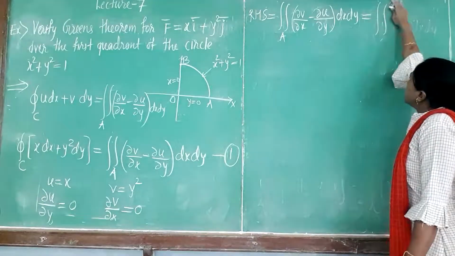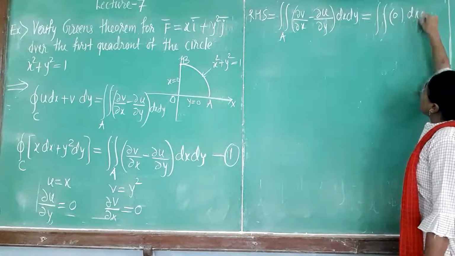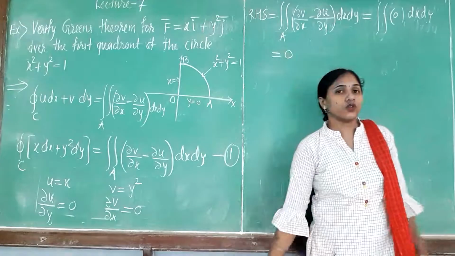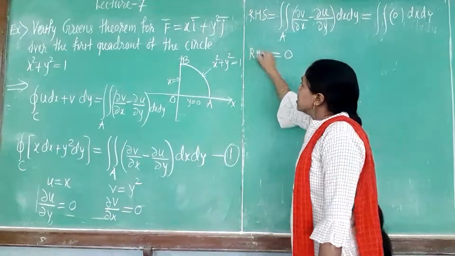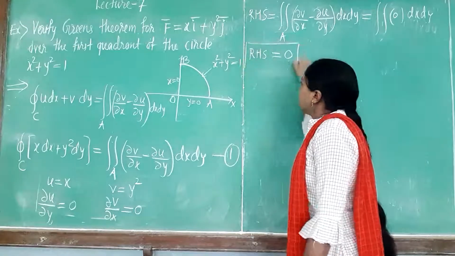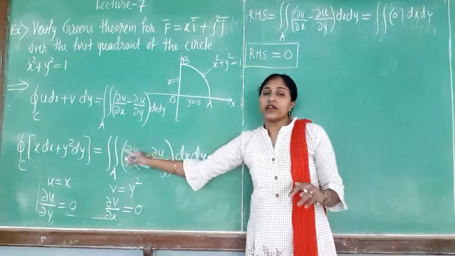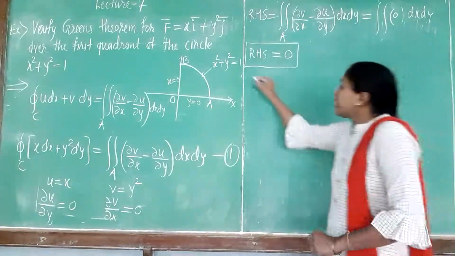So it is the double integral of 0 dx dy. The integration of 0 is equal to 0. So the right hand side we obtain as 0. Now if our left hand side becomes 0, then only can we say that the left hand side and right hand side are the same.